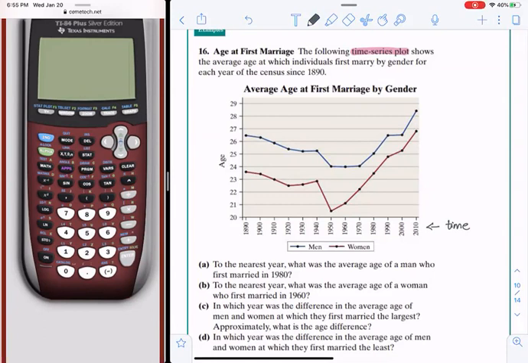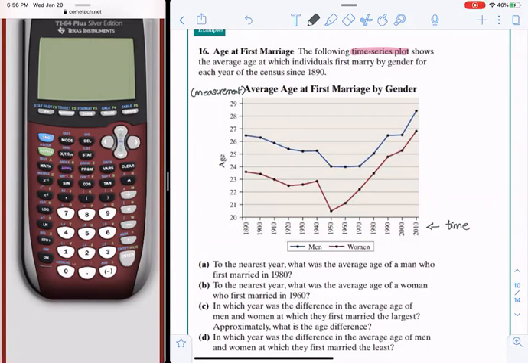The y-axis is some measurement, and that measurement in our case is age. Age when people get married, or when they get married for the first time. So if we have any measurement and if we plot it against time, then we call it a time series plot, because we are plotting a series of measurements against time.